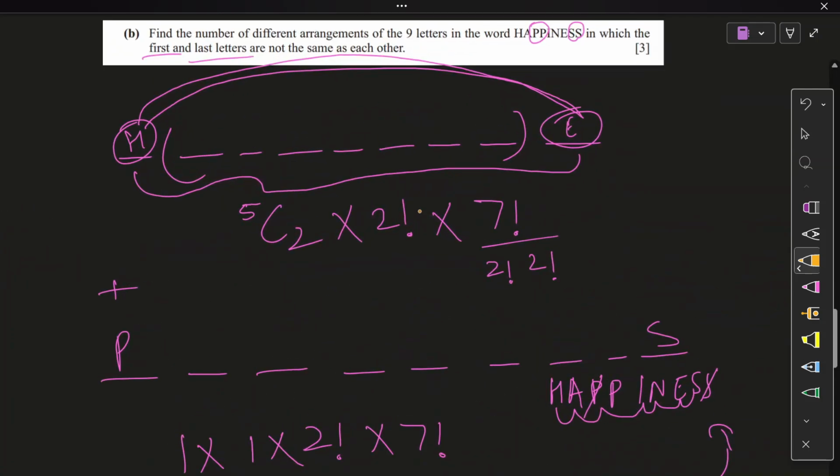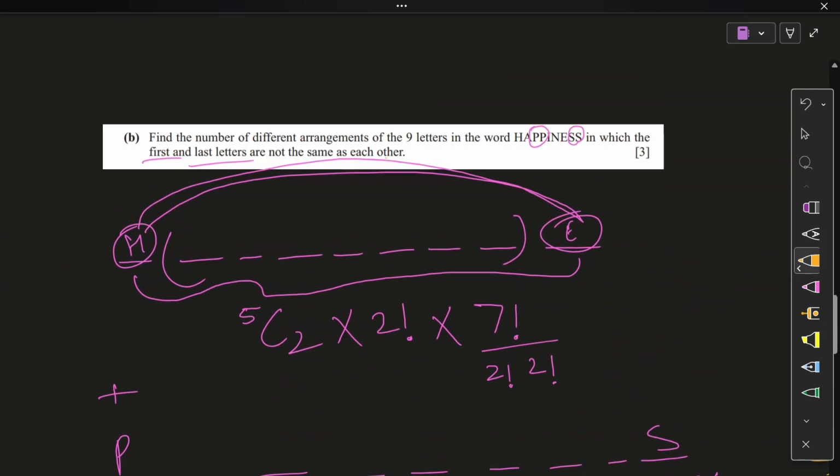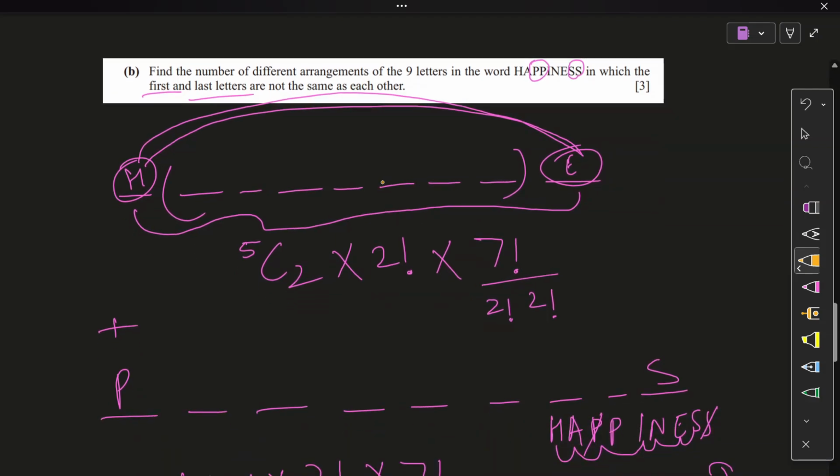Let's do a recap for this. They said we need the first and last letters to always be different. So we said, let's forget the repeating letters first. Let's put the repeating letters in between and only use the non-repeating letters at the ends. That's one case. Now thinking about the letters that repeat, manually we placed the repeating letters at each end and moved them around, and that is one case.